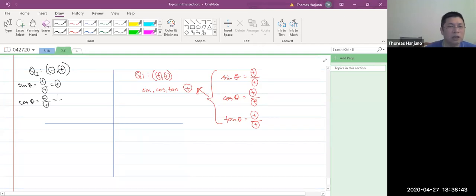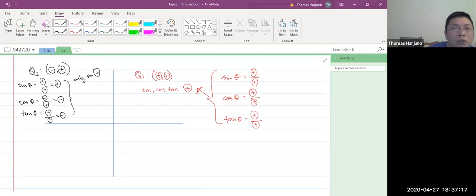So you see that in quadrant 2, only sine is positive, cosine is negative, and consequently tangent will also be negative, because positive over negative gives negative. So of those three, sine, cosine, tangent, in quadrant 2 only sine is positive.